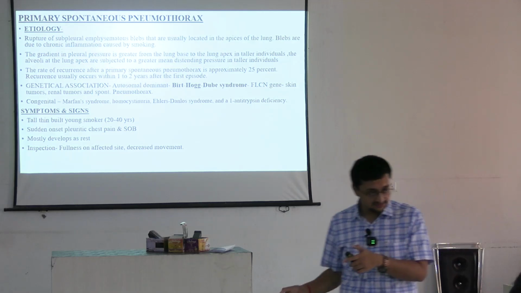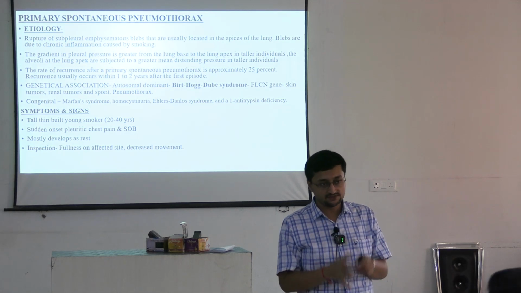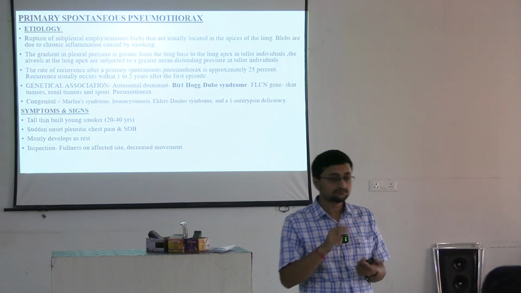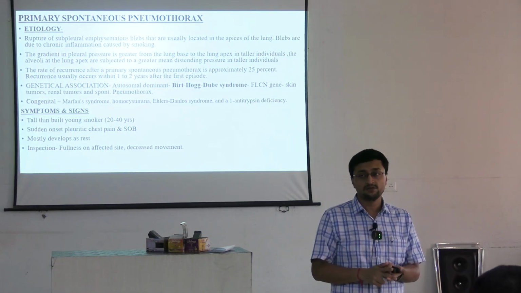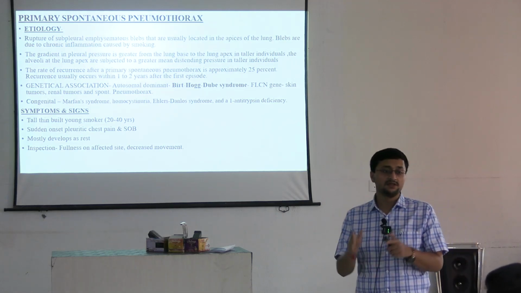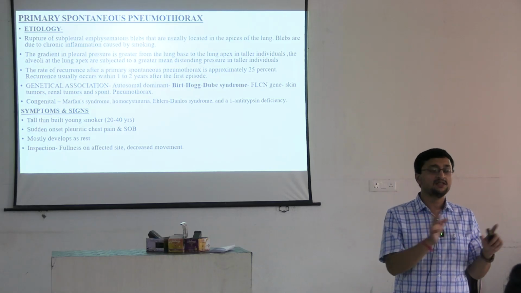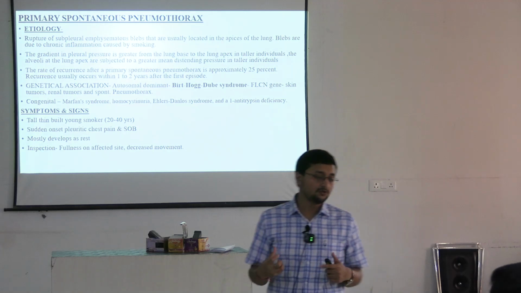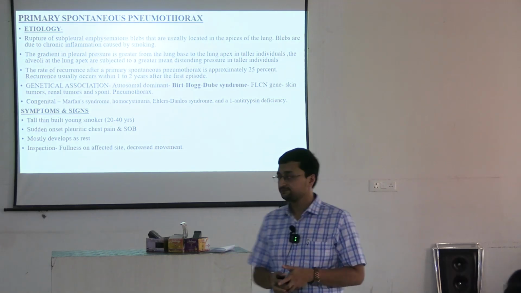In both of these cases, there will be fullness of chest wall, decreased movement of chest wall at the affected site, decreased breath sound, decreased vocal resonance, but the most important point of differentiating between the two entities is the percussion. Dullness on percussion means you are dealing with a case of pleural effusion, and hyperresonant note on percussion means you are dealing with a case of pneumothorax, right?